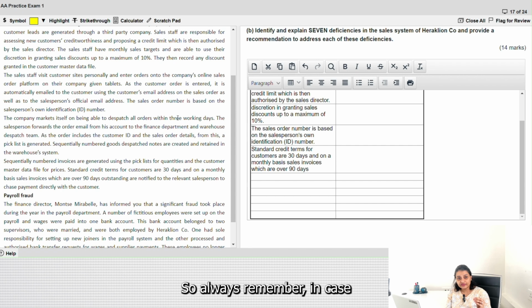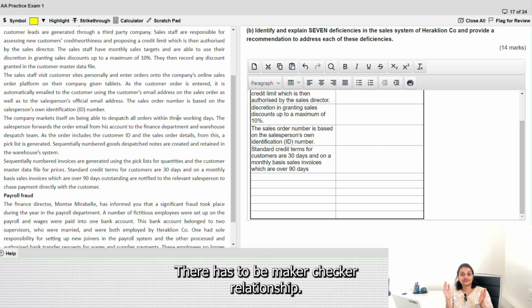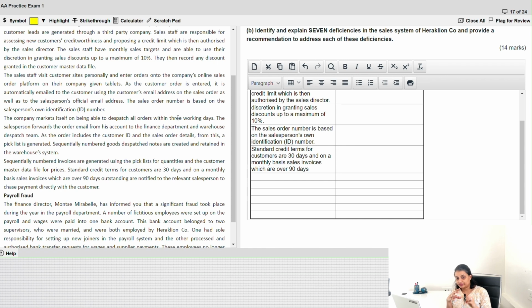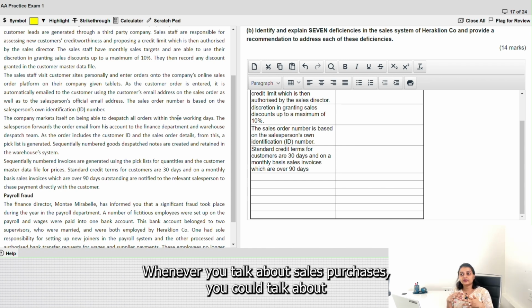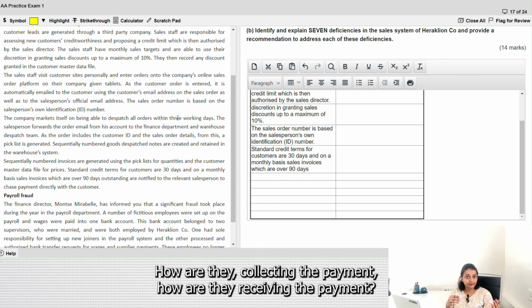Always remember, in case of control testing, we are trying to look at authorization. There has to be a maker-checker relationship. Whenever there is no maker-checker relationship, there is a problem. That is one. Second, whenever you talk about sales or purchases, you could talk about the finance department: how they are processing the invoice, how they are collecting the payment, how they are receiving the payment.